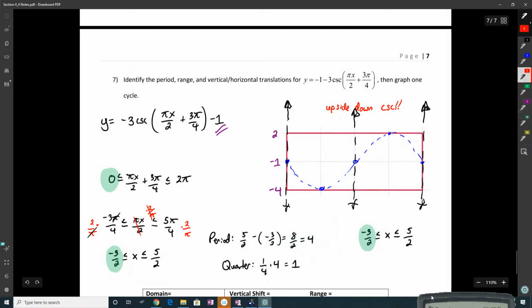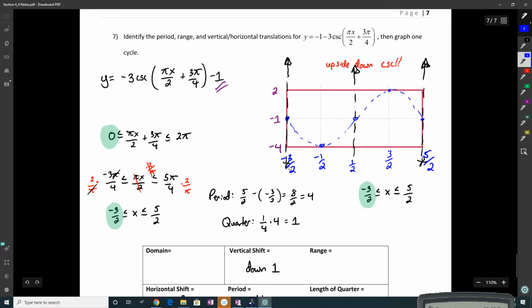So this is -3/2 to 5/2. Each quarter is 1. So -3/2 plus 1 is -1/2. Plus 1 is 1/2. Plus 1 is again 3/2. Plus 1 is 5/2. So the first asymptote occurs at -3/2, and the next one occurs at 1/2, and they're 2 apart.